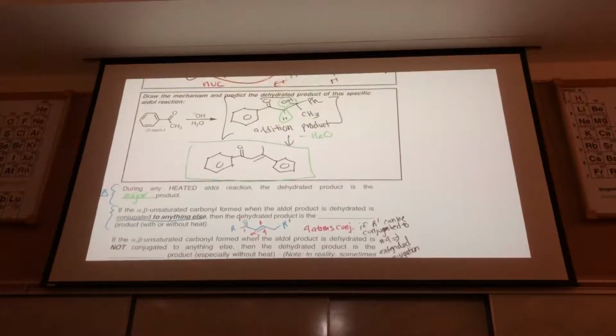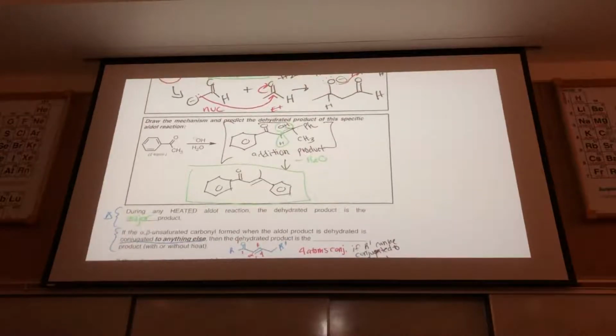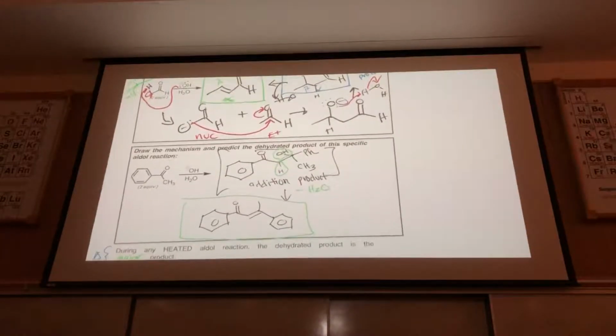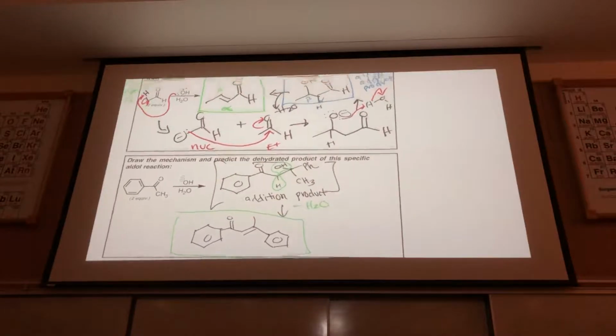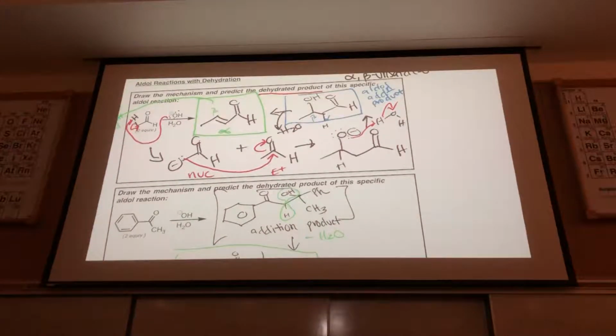So let's take a look at these 2 examples. Here's my addition product. Oops, it's a little bit low. Addition product. What happened when I put them together? So I got 4 atoms conjugated, 1, 2, 3, 4. I did not create extended conjugation.